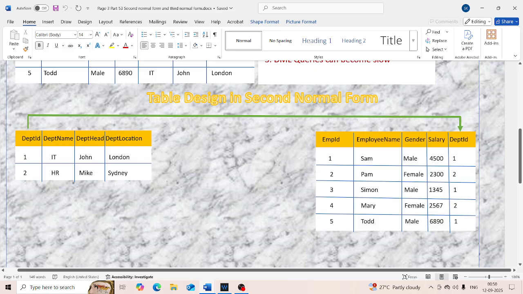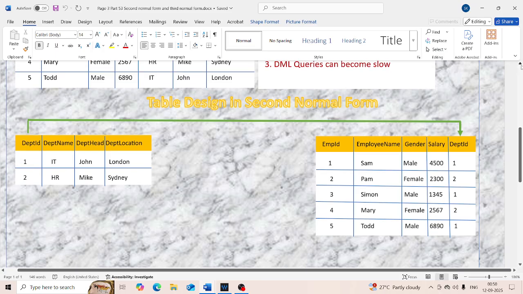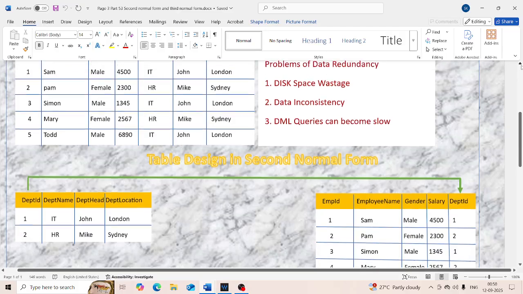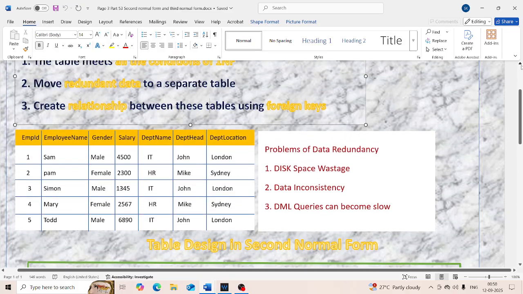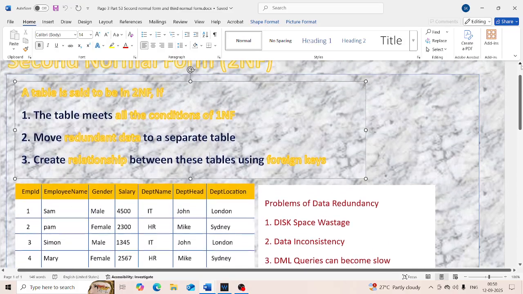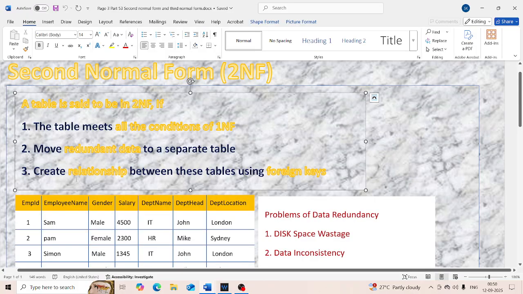So if you look at the rules, move redundant data to a separate table.